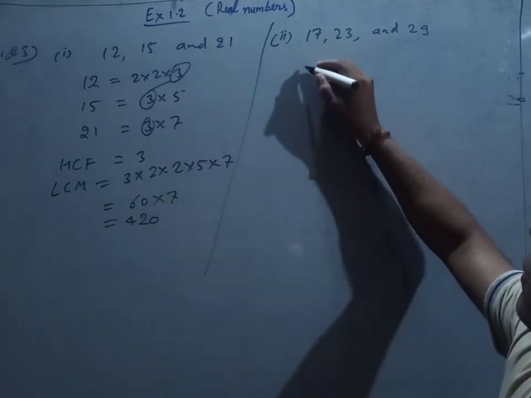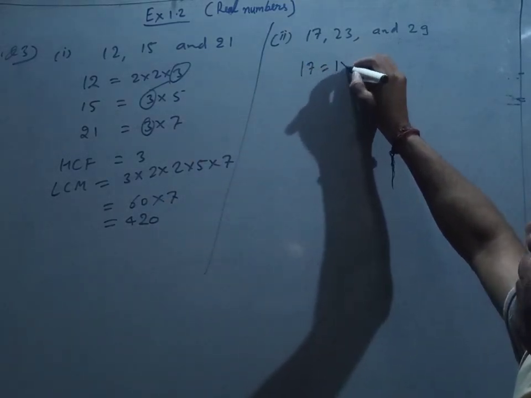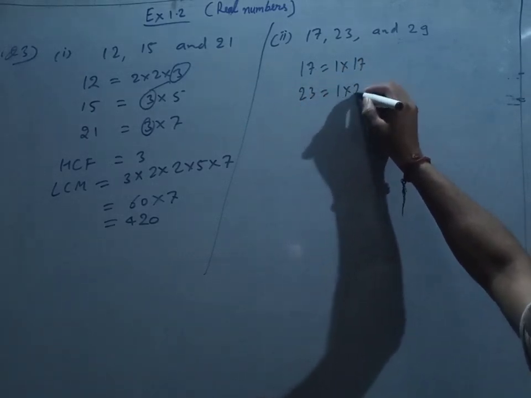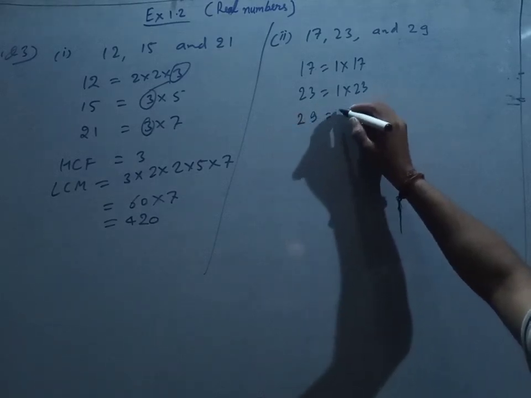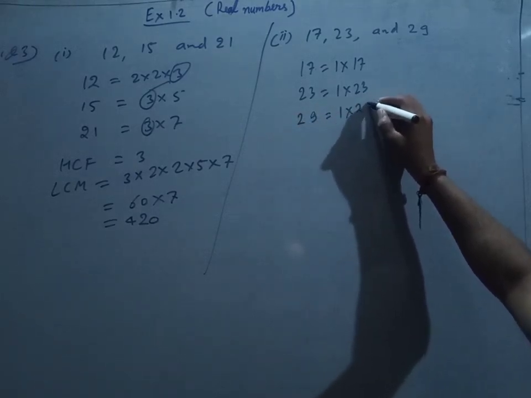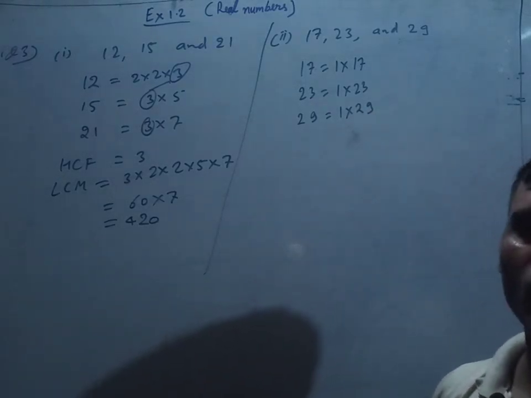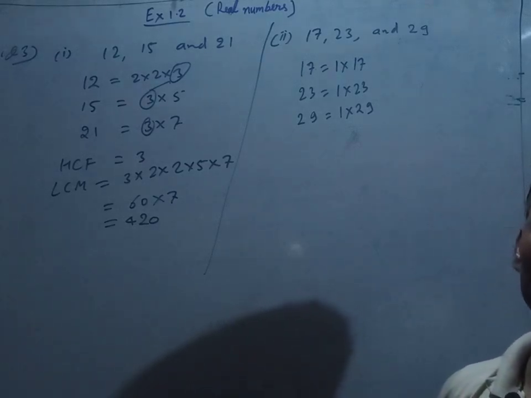So we can write 17 as 1 multiplied by 17, 23 as 1 multiplied by 23, and 29 as 1 multiplied by 29, because prime numbers have two factors, only one and itself.